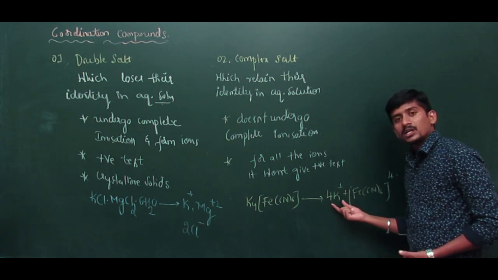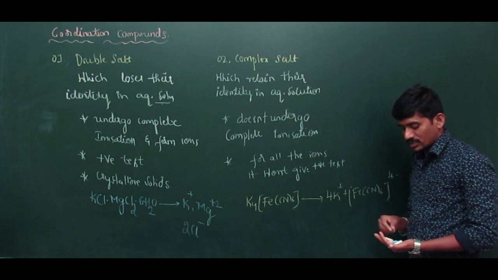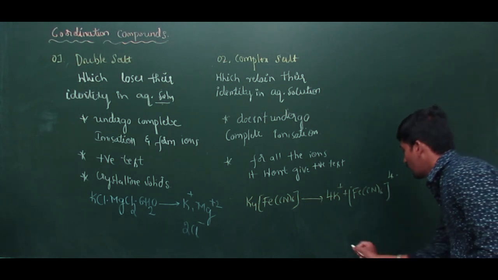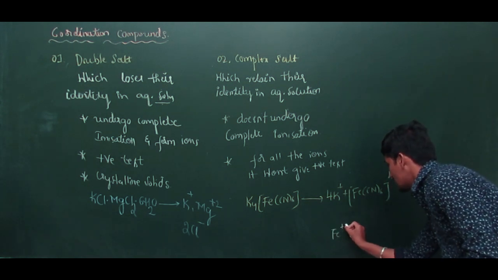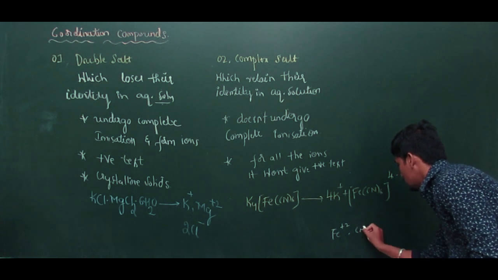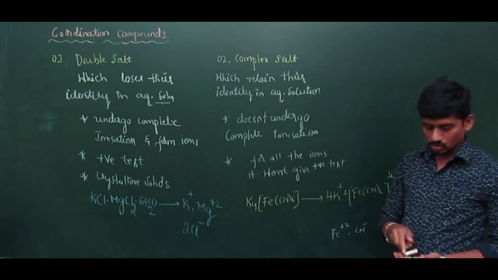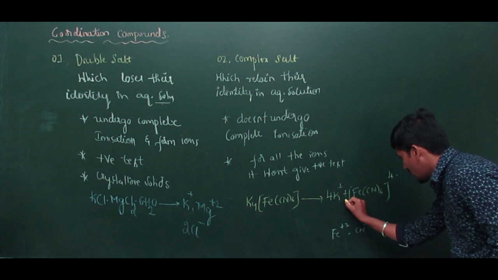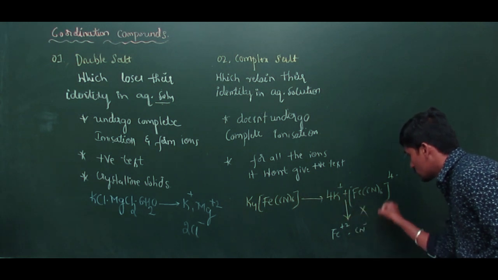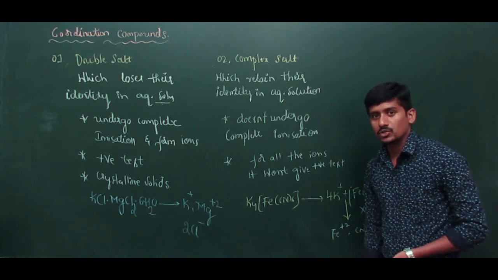The K+ ion shows a positive test, but the Fe2+ ion as well as the CN- ion do not. Why? That's the question. Because they won't undergo complete ionization or dissociation.